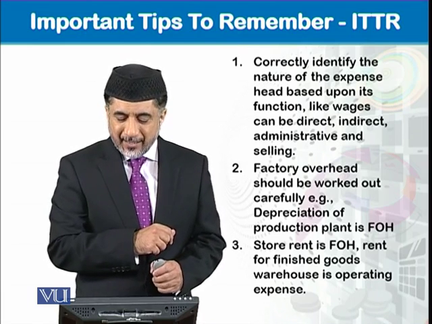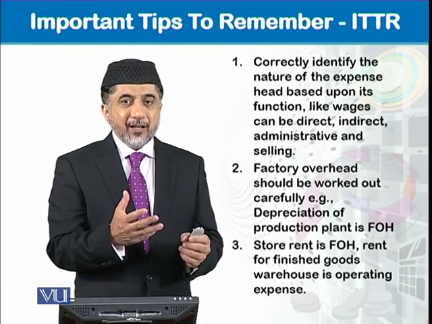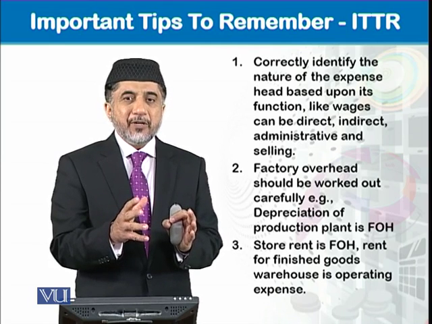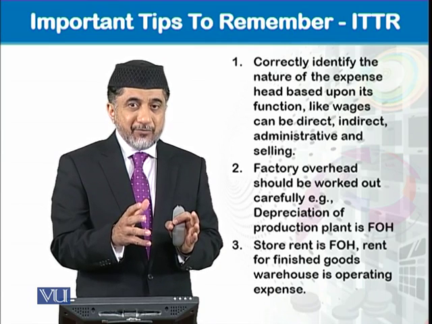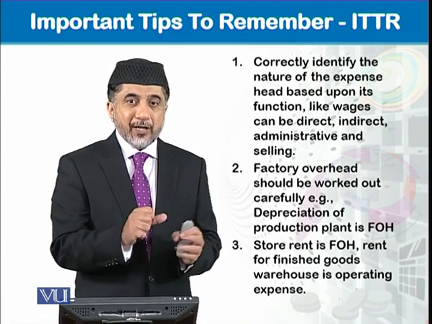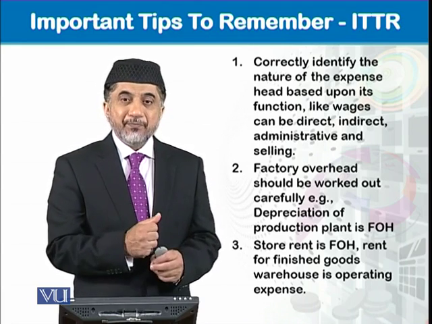Then store rent. We have to store our raw material or material and supplies, and in the same way, we have to put our finished goods in the godown or warehouse. So that is also a place for storage.